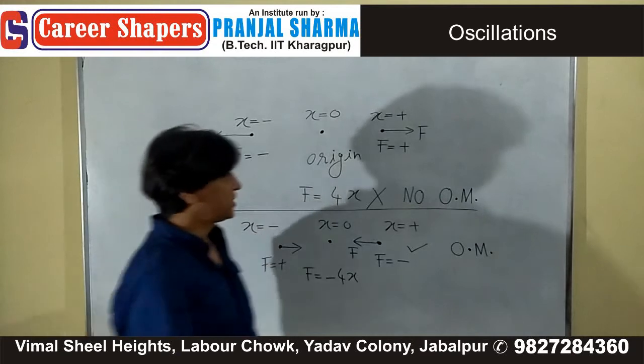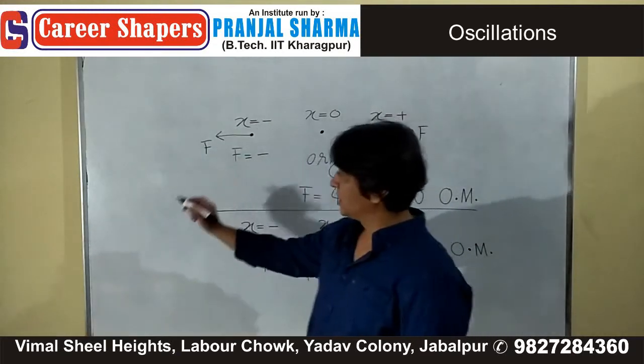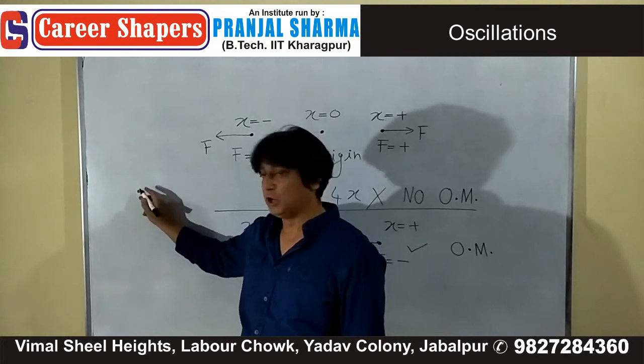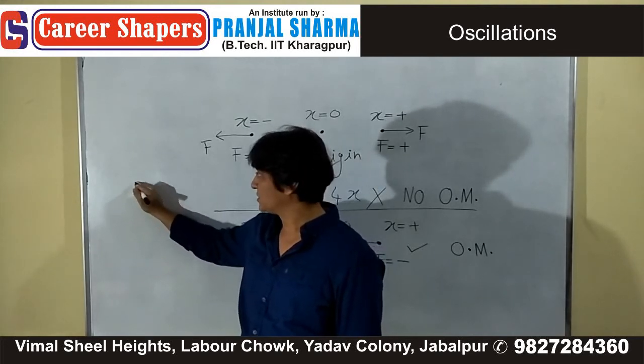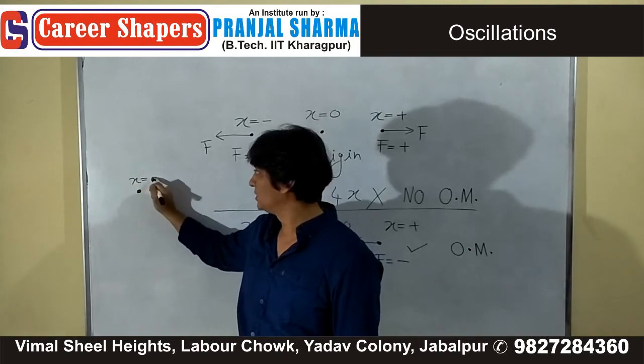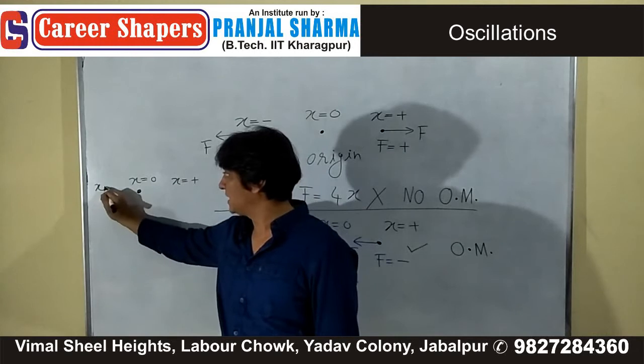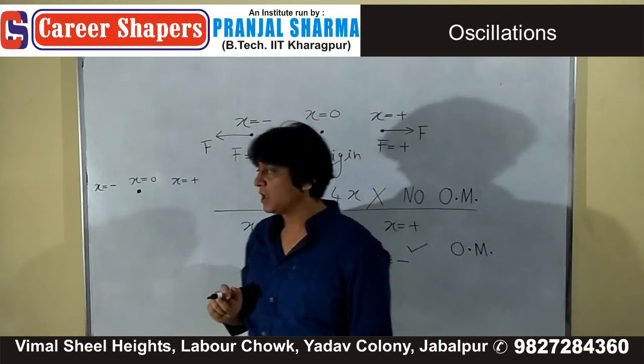Now, let's take a third situation. Now we'll do all these things fast. This is x equals to 0. This side x is positive. This side x is negative.